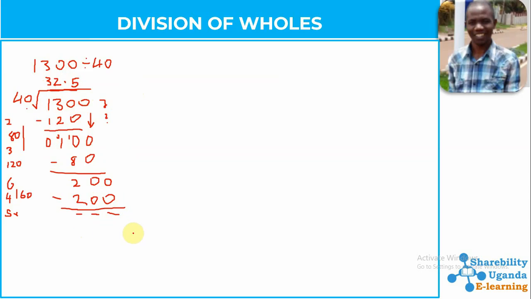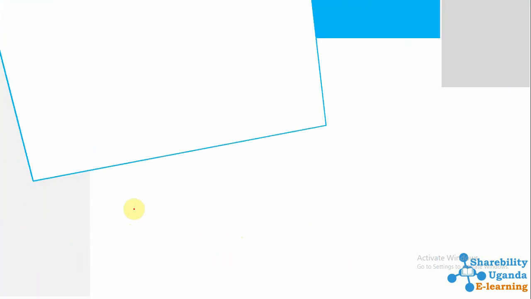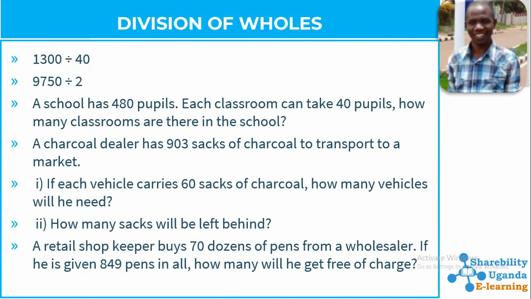So let's also try another example. Another example which is given is 9,750 divided by 2. Okay, let's try that.